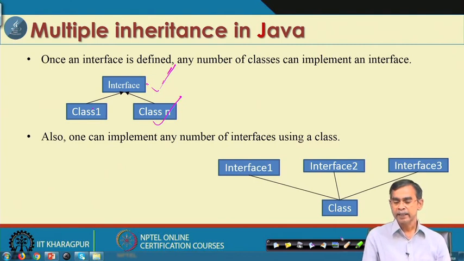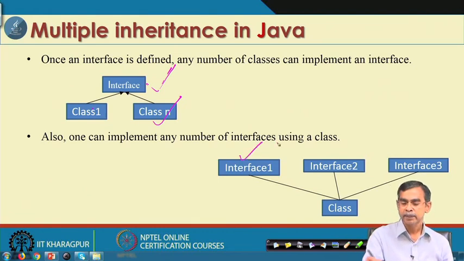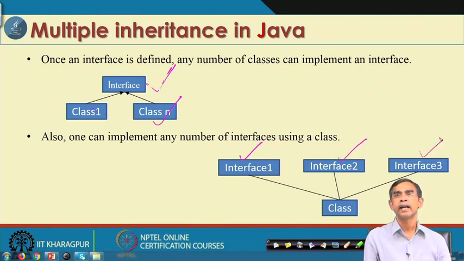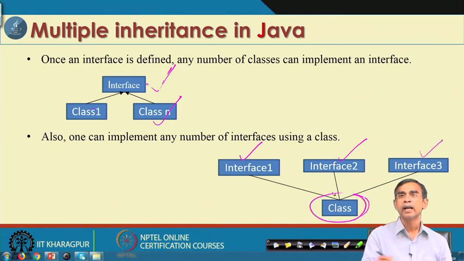Likewise, if you have two or more interfaces, like interface 1, interface 2, interface 3, then you can create a class so that it can implement all these interfaces.